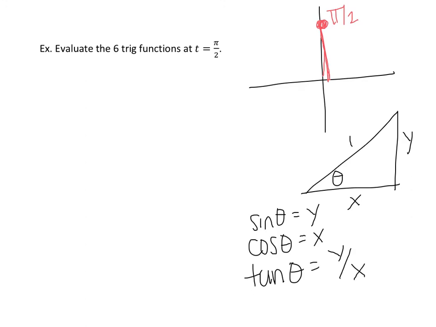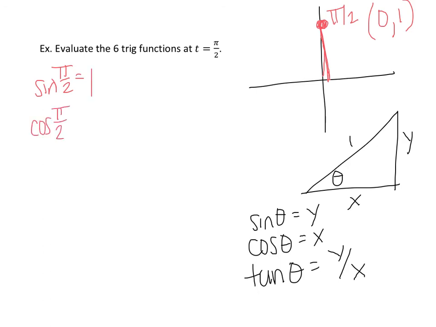Now we're going to use these to pick out the coordinate points. Okay, if I'm in my unit circle, my coordinate point for pi over 2, my x distance is 0, but I did go up 1. All right, so sine of pi over 2 is going to be the y coordinate right there, which is 1.